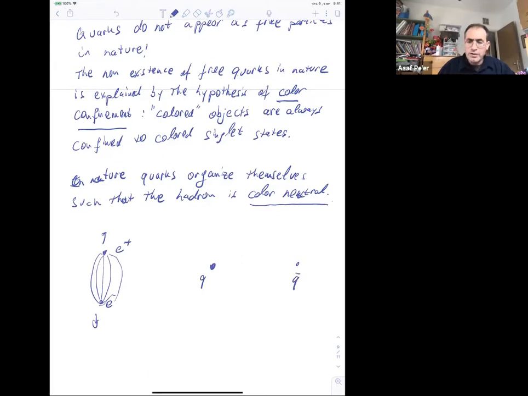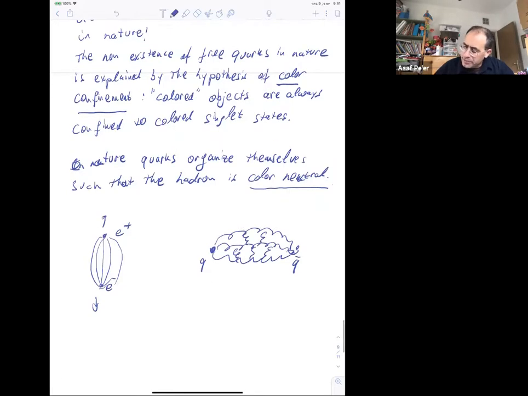A quark and antiquark connect via gluons. But when you try to take them apart, the gluons, since they carry different colors, can interact with each other, which is something that cannot happen in electromagnetism. So it's a qualitative picture.